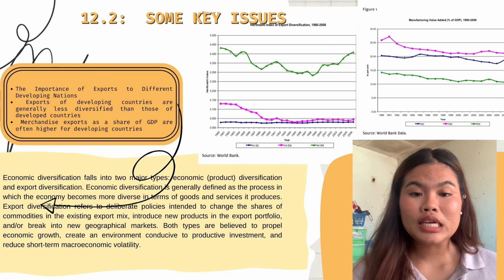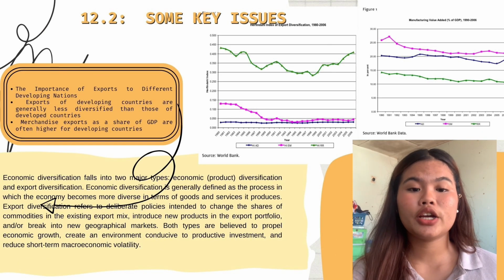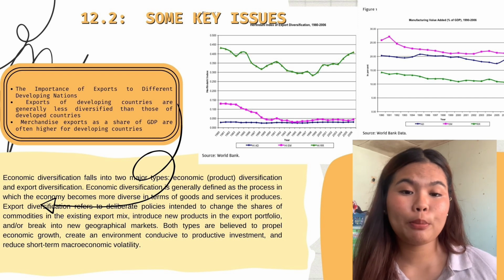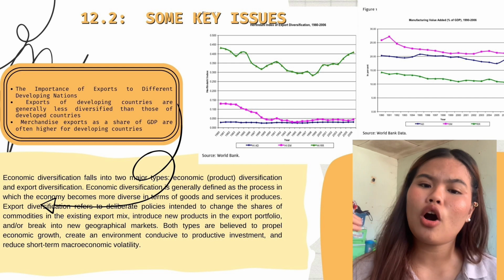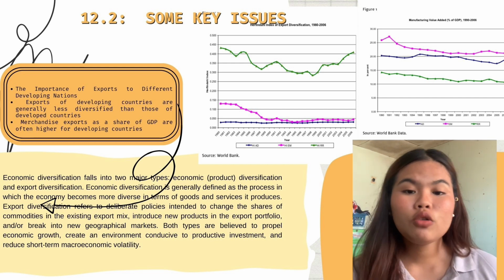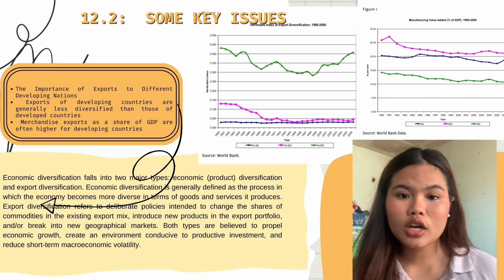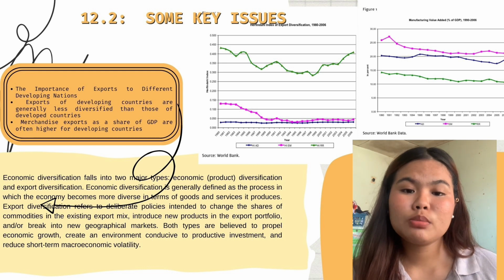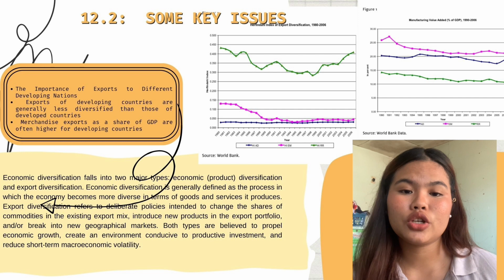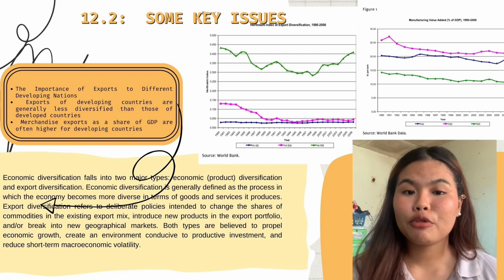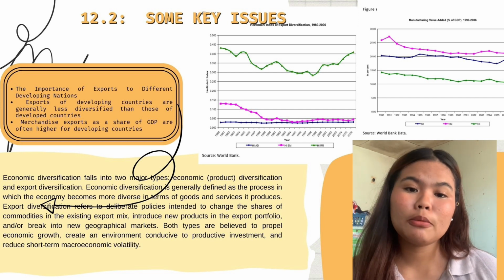As one of the key issues, exports of developing countries are generally less diversified than those of developed countries. Look at figure number 1. It plots manufacturing value added, or output, as a percent of GDP for advanced economies, emerging markets, and resource-rich countries.